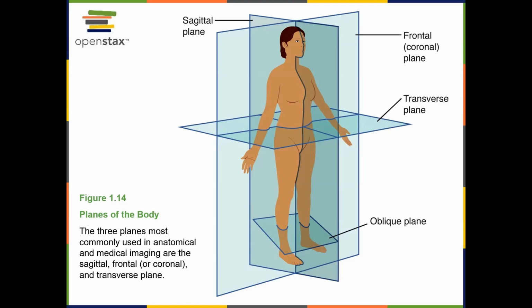The sagittal plane is a vertical plane that divides the body into right and left portions. Any vertical plane that slices through the long way of the body is a longitudinal plane.